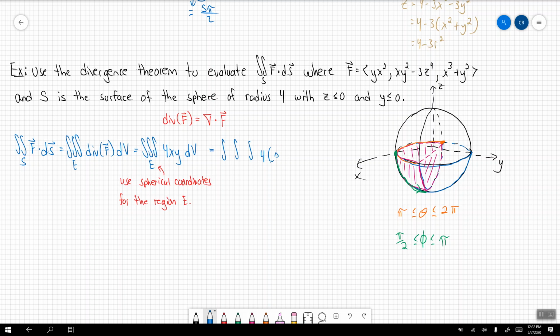This is going to be rho times sine of phi times cosine of theta. There we are. That's my x coordinate. My y coordinate is rho times sine of phi times sine of theta.